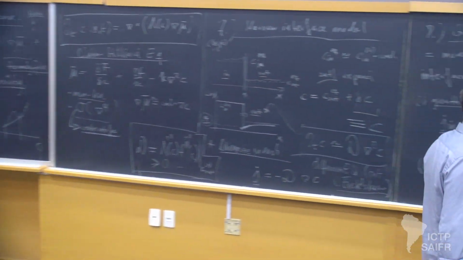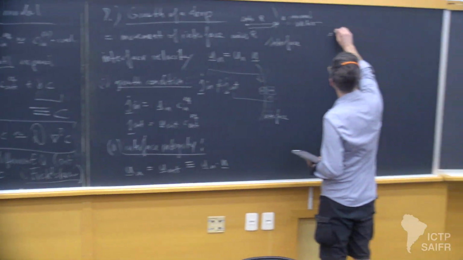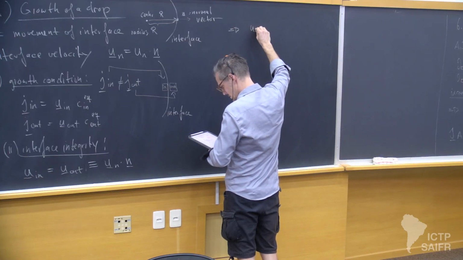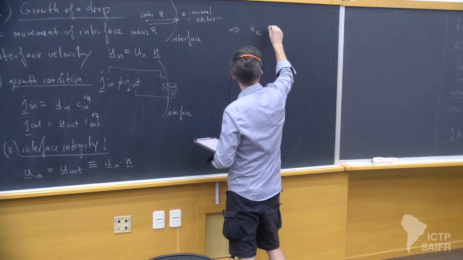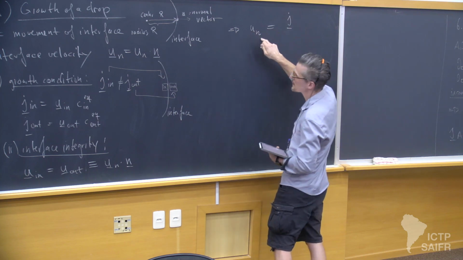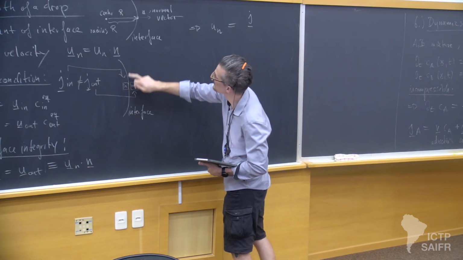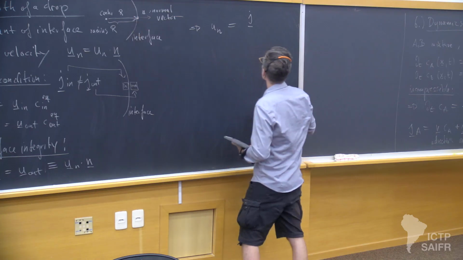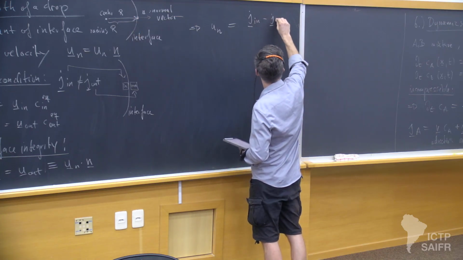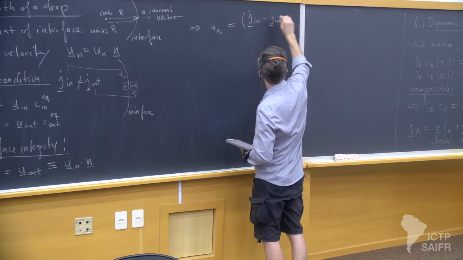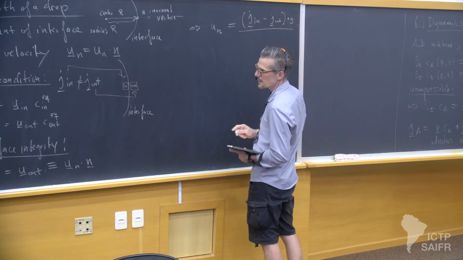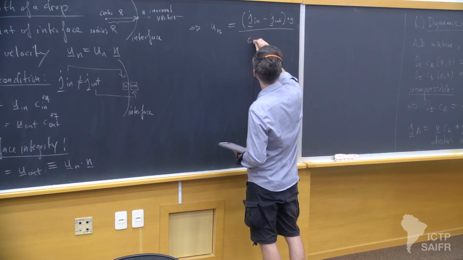Okay, good. This allows me to rewrite this in terms of u_N. Let me see. Yep, I multiply by the normal vector, and then I get simply that the local interface velocity here, or here, is given by the flux difference projected on the normal vector divided by the concentration difference.